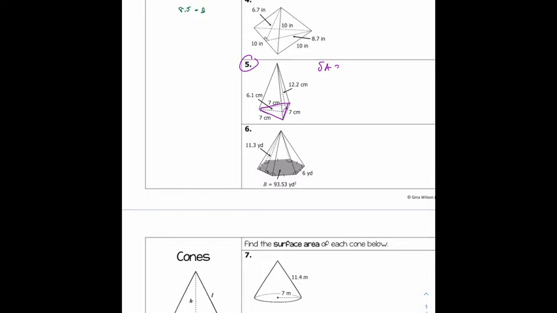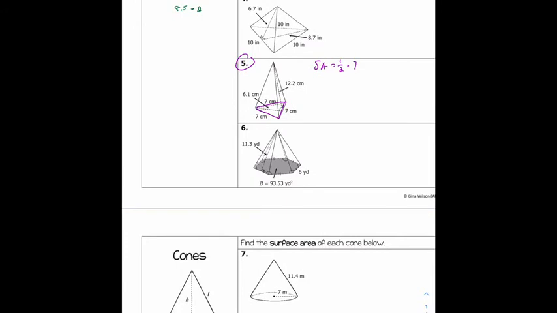So our base is going to be 1/2 times the base, which is 7, times the perpendicular height, which is 6.1. And then we have to find the area of one of the faces and then multiply it by how many faces we have.